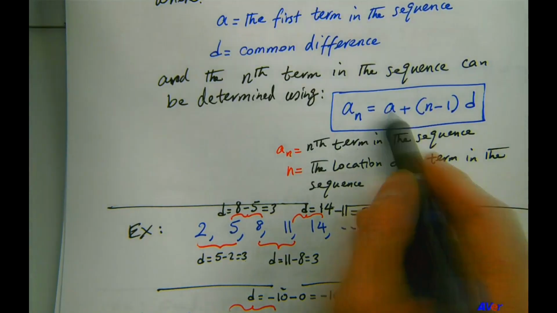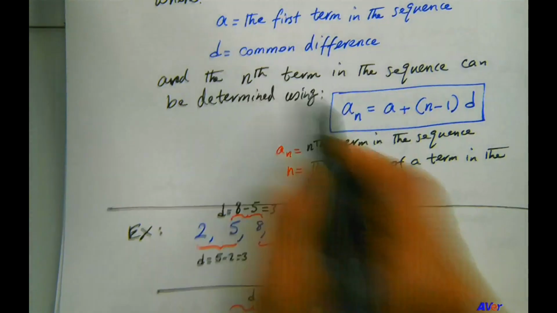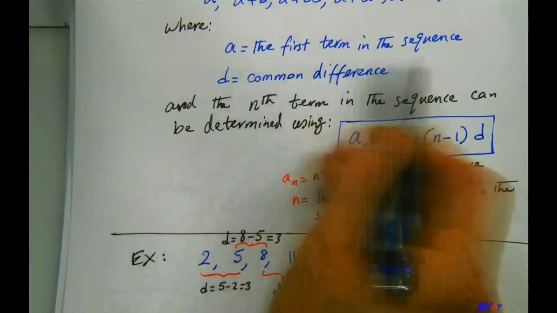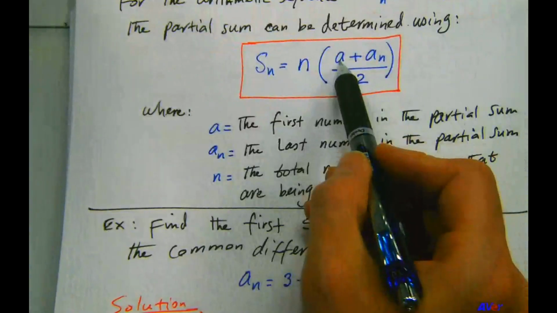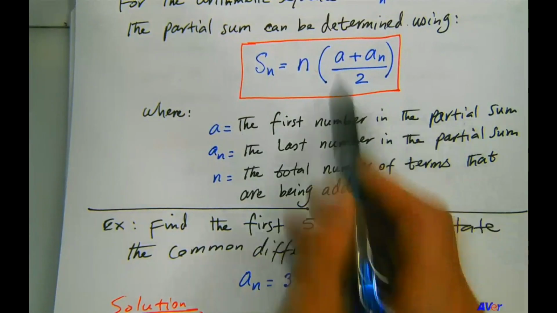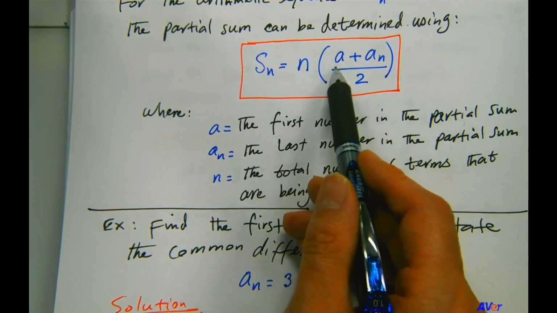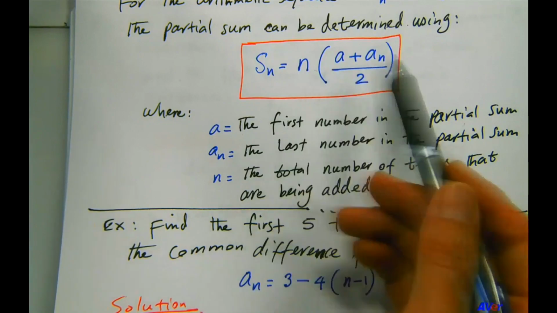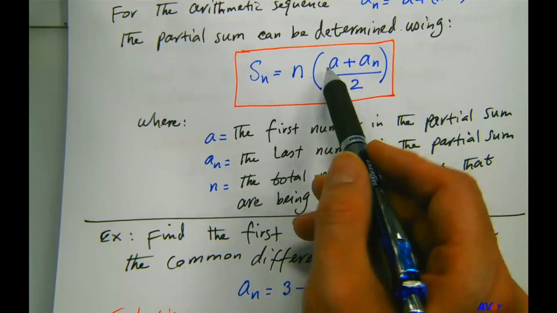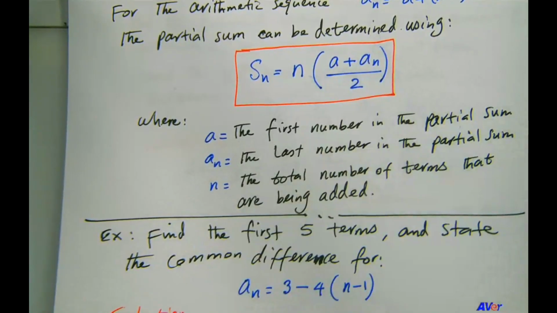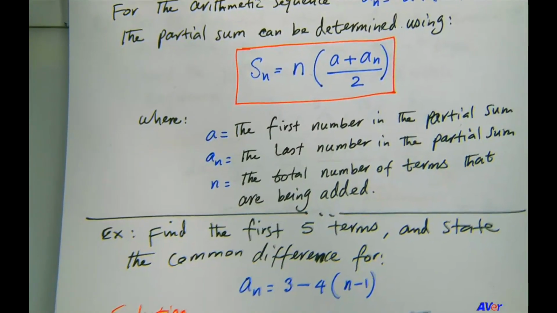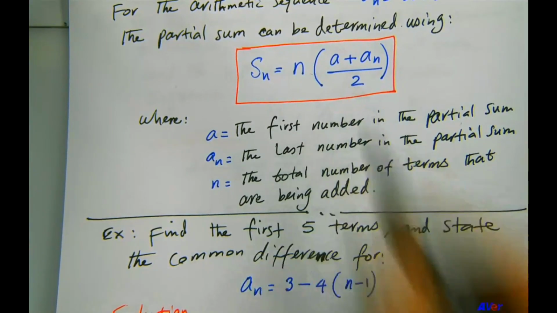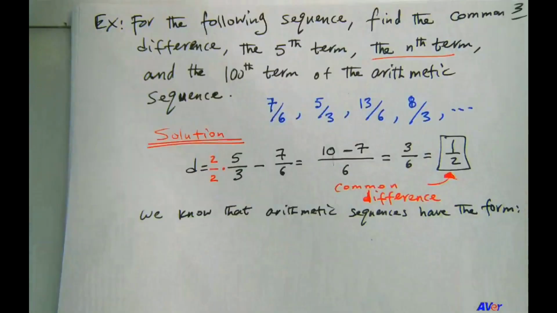So a in this formula is the first term in the sequence. But here it's the first number in the partial sum, which means it's not necessarily the first term of the sequence. It would be the first number wherever you start adding. That's basically what that a represents.